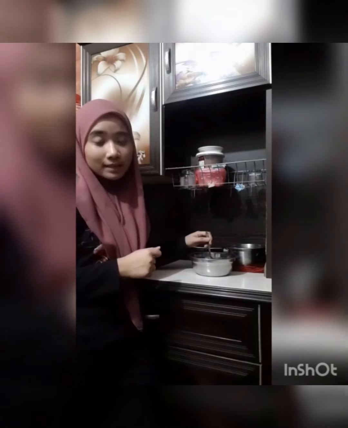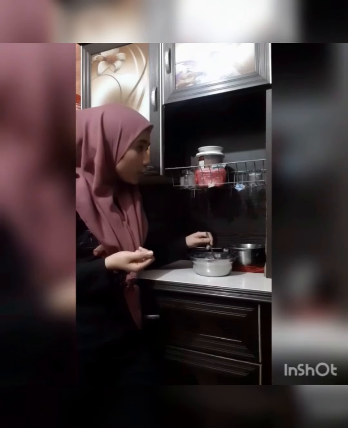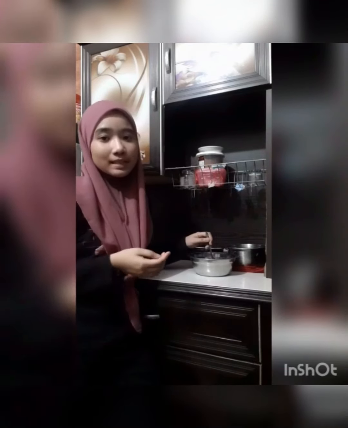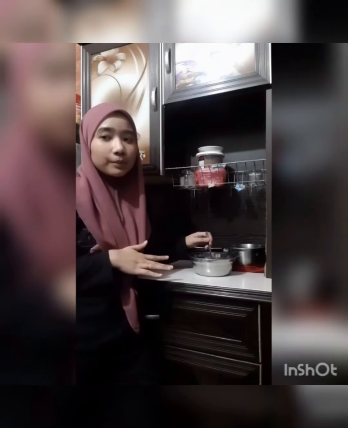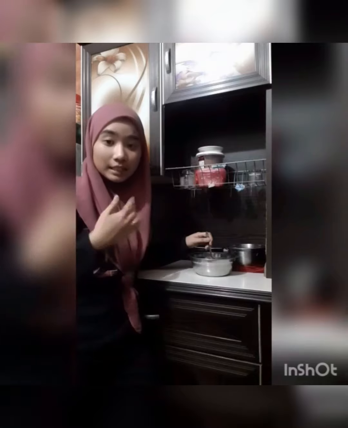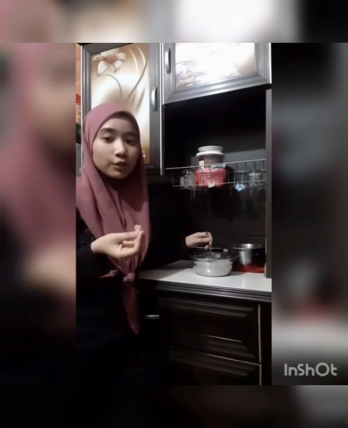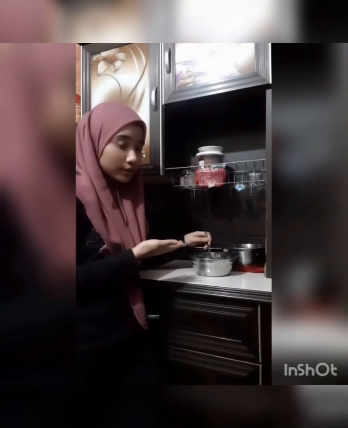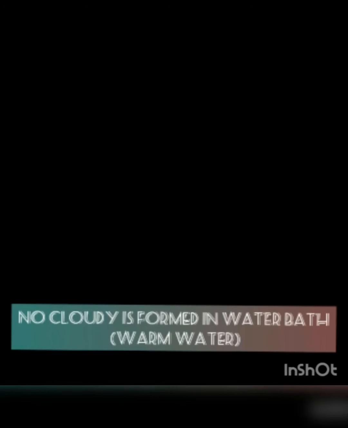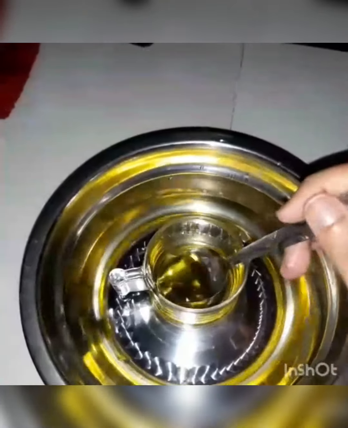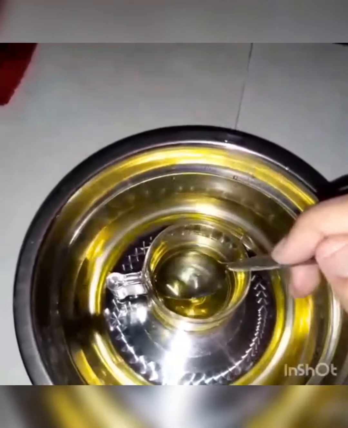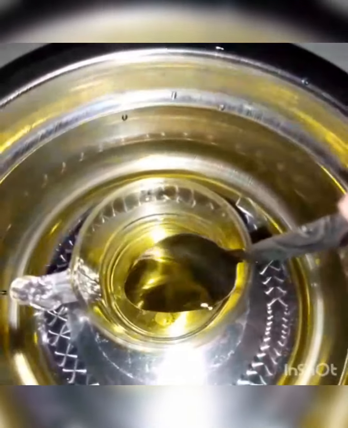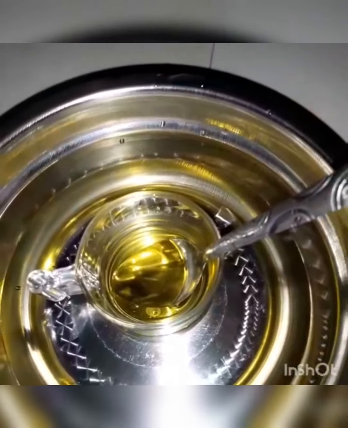When the sample has reached a temperature of about 10 degrees Celsius and above, the oil is clear, where no cloudiness is formed. Now we can see the oil where no cloudiness is formed. That is clear.